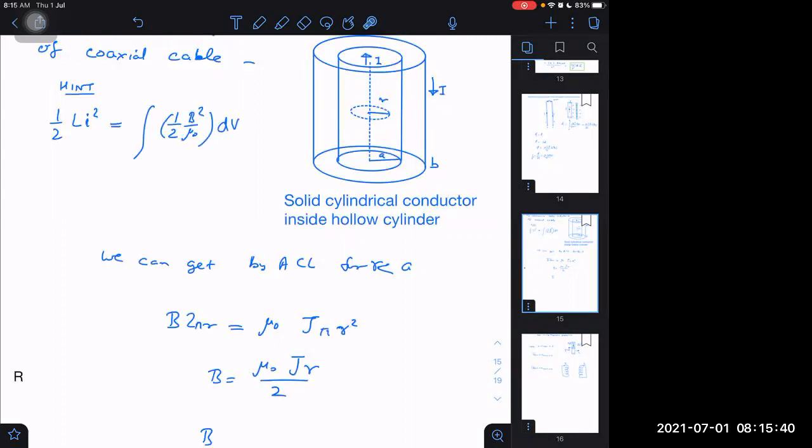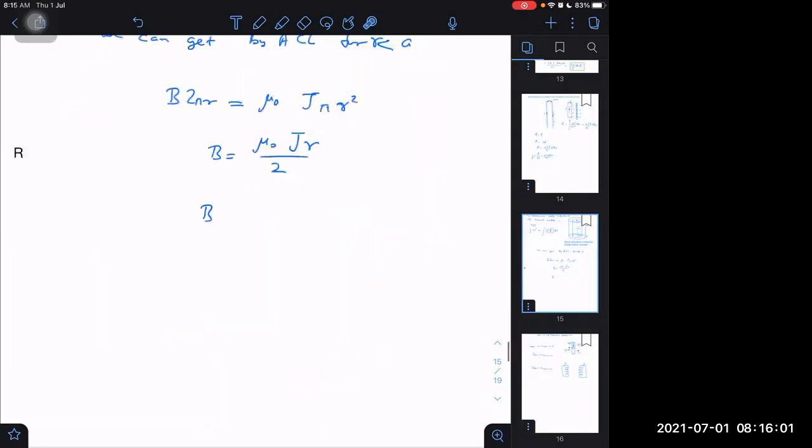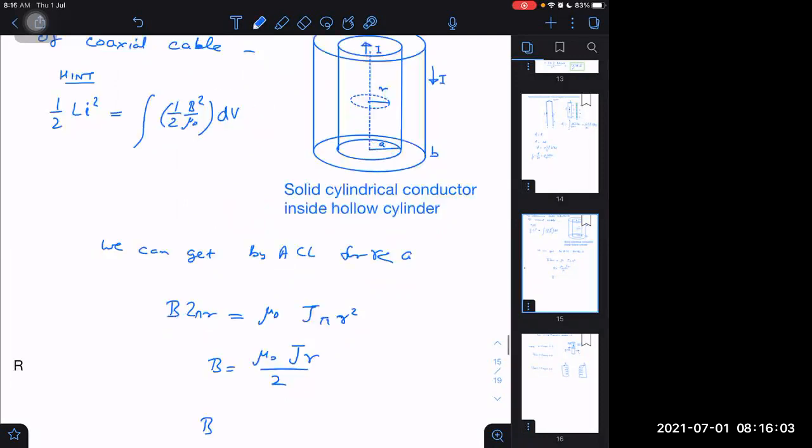The reason is, we don't know what loop this flux is linked to, because the current is distributed through this entire space. It is not a single current carrying loop. It is like several current carrying loops finally converting into a single loop, so we can't tell what flux is linked here. Don't use the flux method. Rather than that, we will do it by the energy method. This way we can find out the energy.